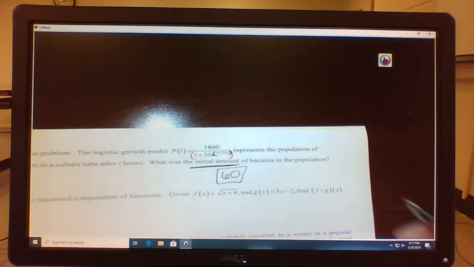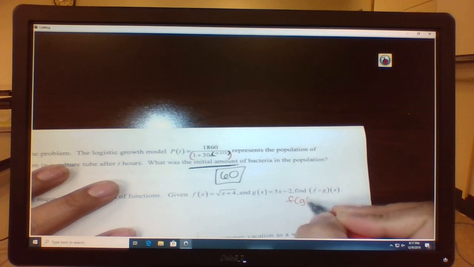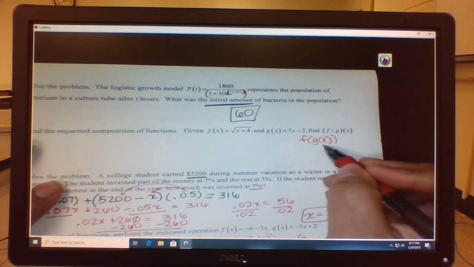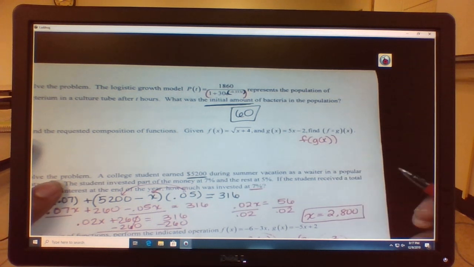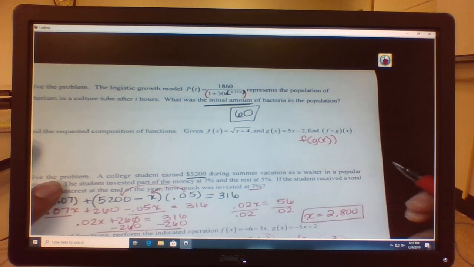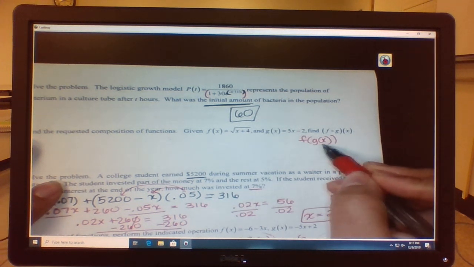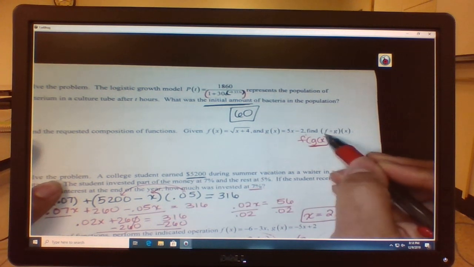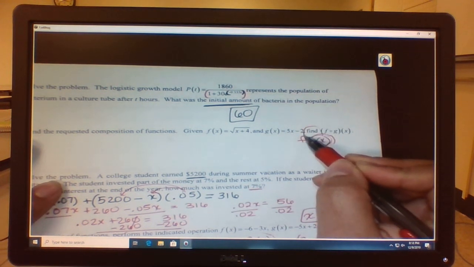For this one, it's f of g of x. So what does this here mean? I have to substitute every x in f with g of x. So the entire g of x goes into every x in f.